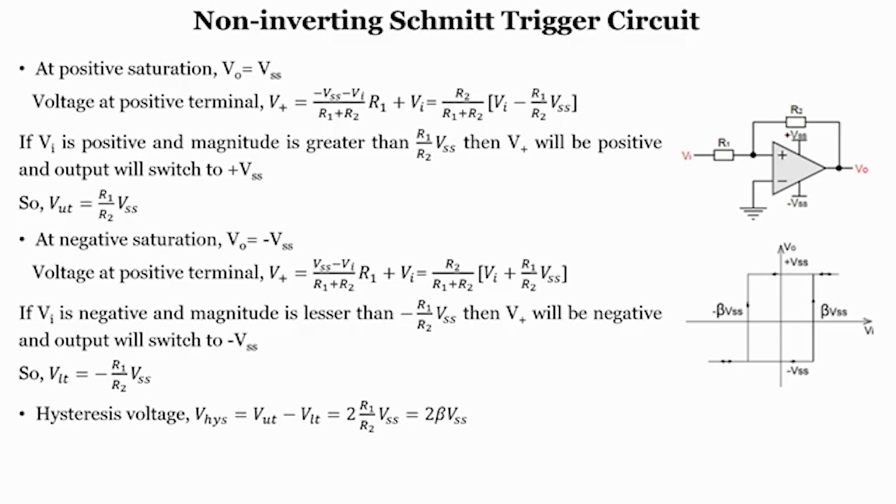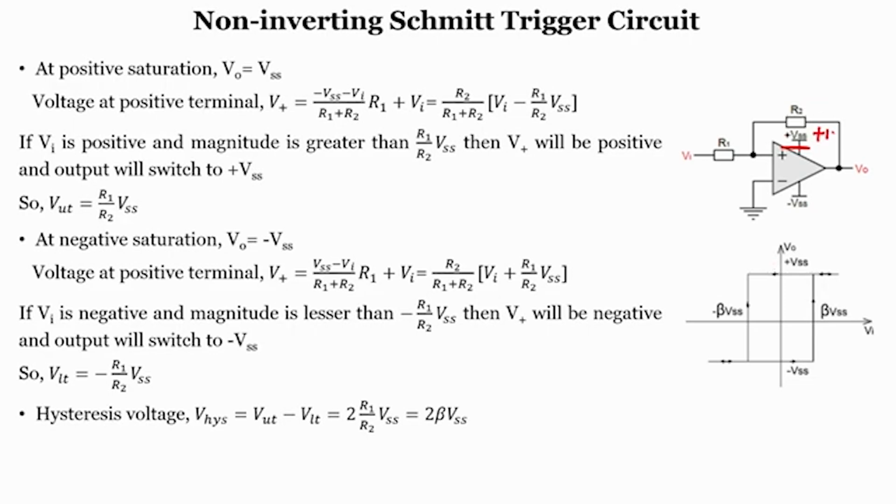At positive saturation, what will happen? V_O equals VSS. If it saturates, it can go to the maximum value which is plus VSS. Voltage at positive terminal V plus equals (minus VSS minus V_I) divided by (R1 plus R2) into R1. When I say maximum VSS, it does not mean that it will reach plus 15 volts.